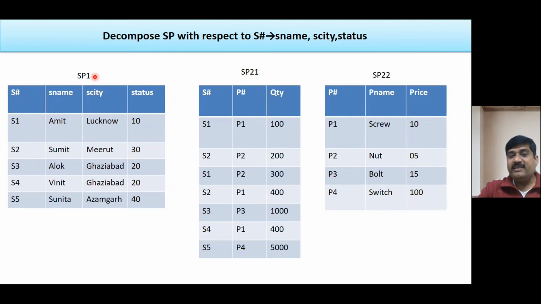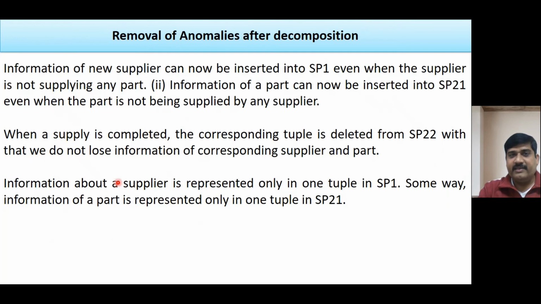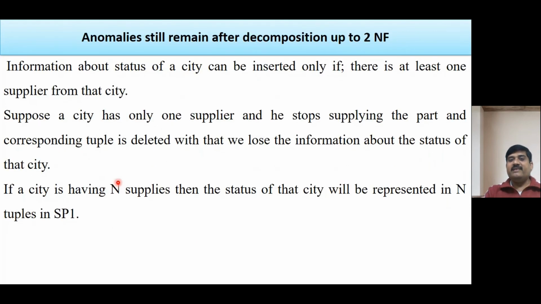Because there is a transitive dependency. So if we decompose this table further, then we will remove these anomalies. So anomalies still remain after decomposition up to second normal form. And industry people generally normalize a relation or table up to third normal form. If we decompose this relation up to third normal form, then these anomalies will be removed.